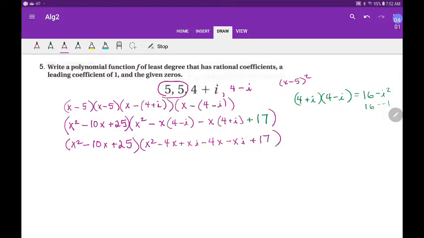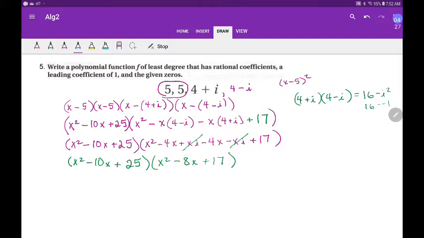You can see that these guys are going to cancel. Happily. We don't want those i's around anymore, and we don't have to put up with them. We still have this big multiplication coming at the end here. But in the meantime, I have x squared minus 8x. I put my 4x's together, plus 17. That's the imaginary side.